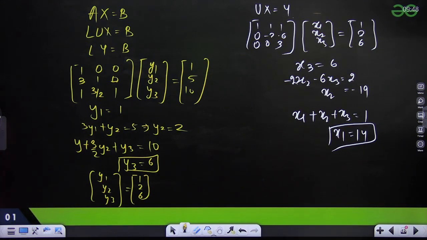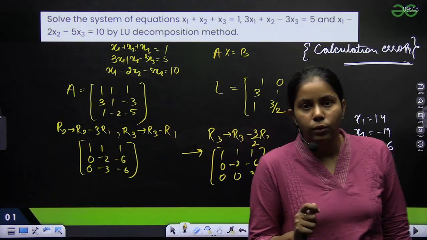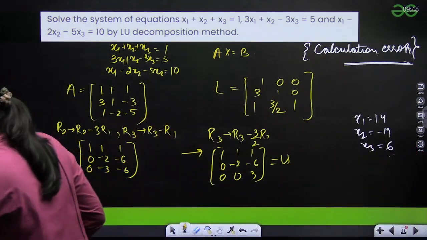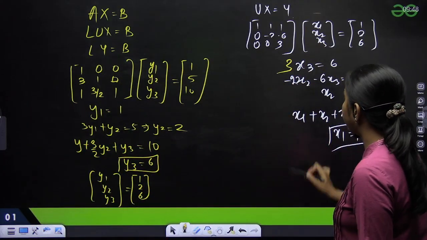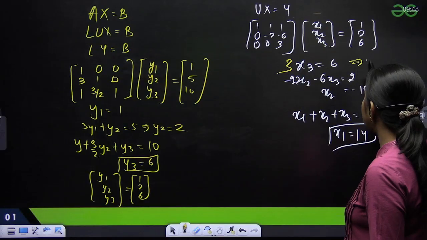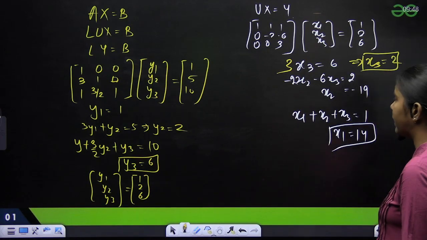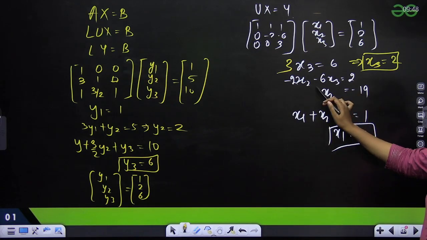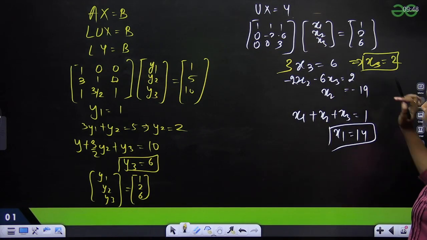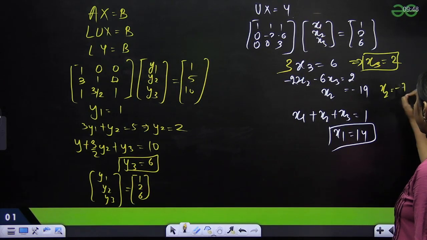So what happened in this question? I was trying to solve it, but I got a calculation mistake. Here I got 3x3, which gives x3 equals 2. That's where the error was. If I substitute x3 equals 2, minus 2 into 6 gives 12, plus 2 gives 14, and x2 would become minus 7.